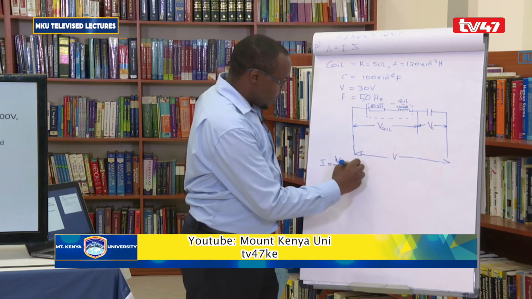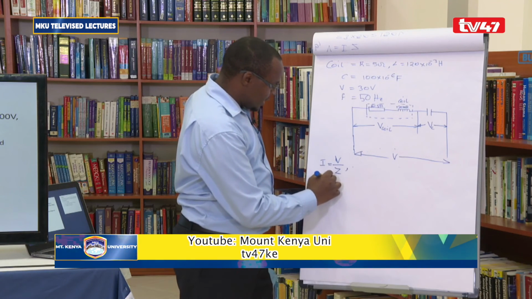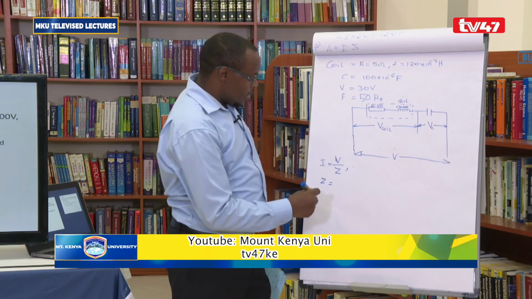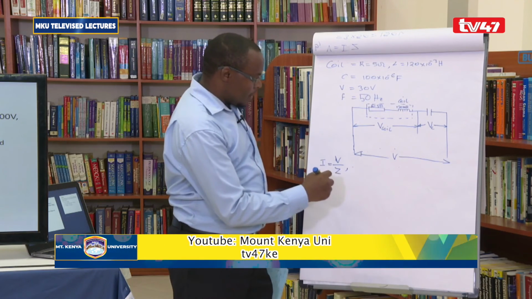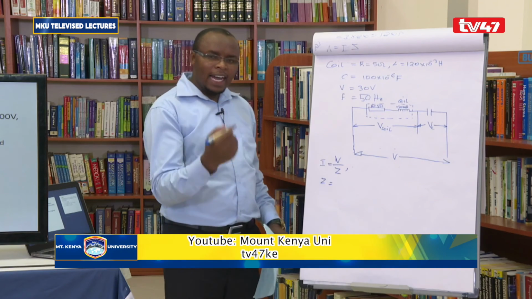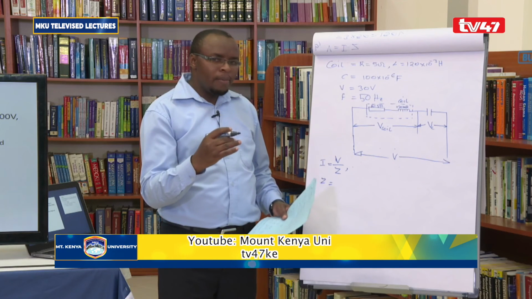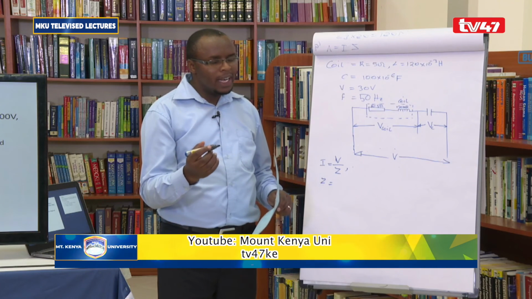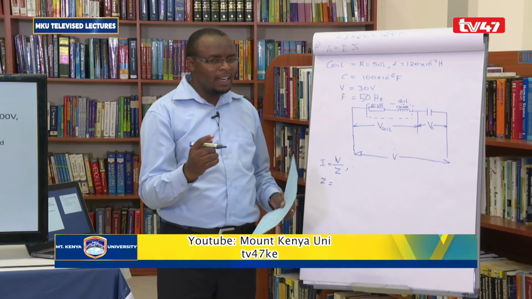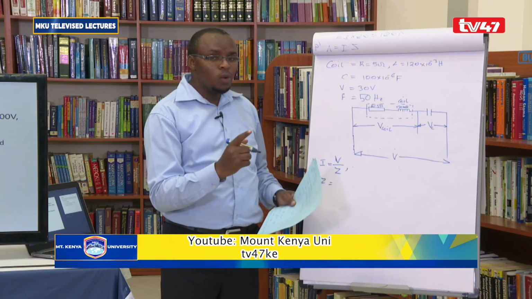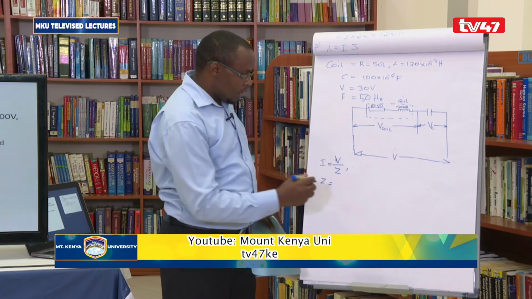And therefore, we go ahead and look for the impedance. Z is going to be given by the square root of R squared plus either XL minus XC or XC minus XL, both squared. But here we do not know which is greater than which unless we calculate.